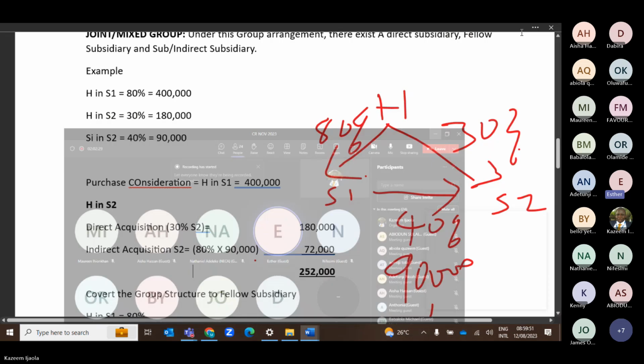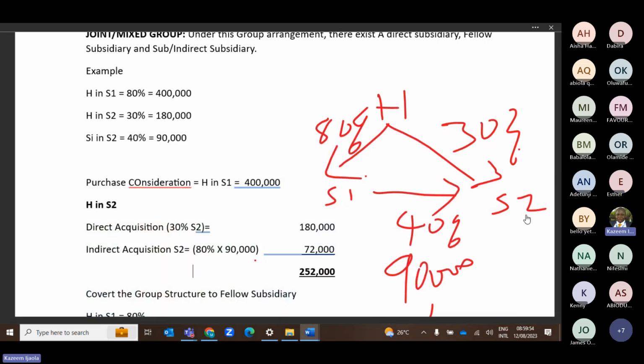Is it subsidiary or indirect holding? Indirect holding, indirect acquisition. That's 32%. Okay, sir. You understand? Yes, I got that, sir. Thank you, sir.